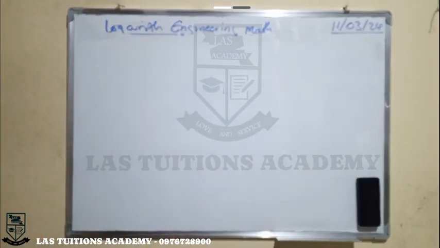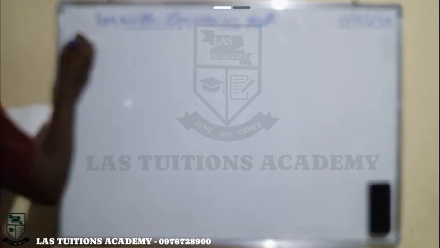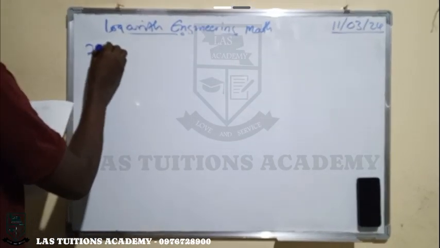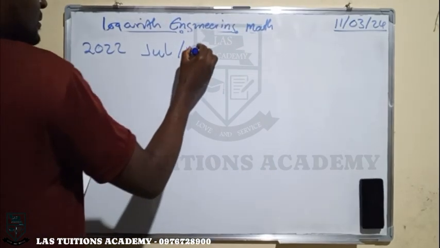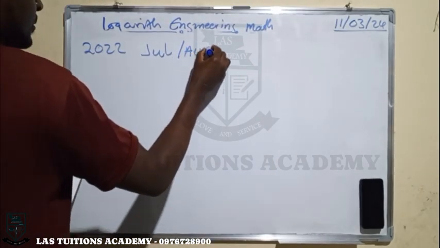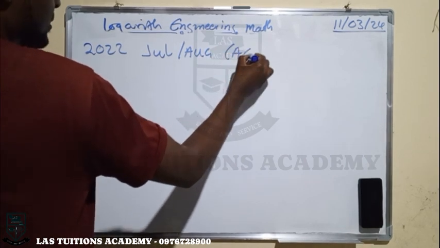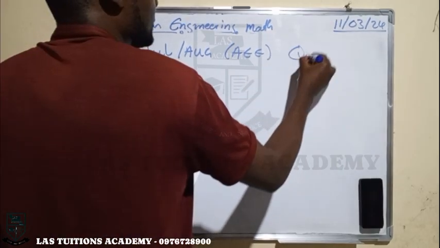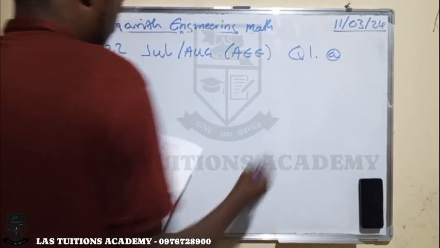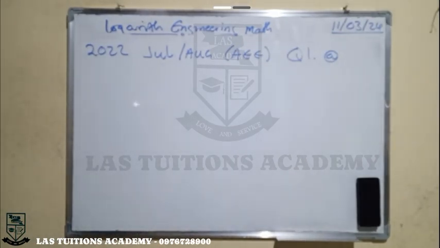Okay, so this is 2022, July August. This is AEE question 1A. This question said simplify.